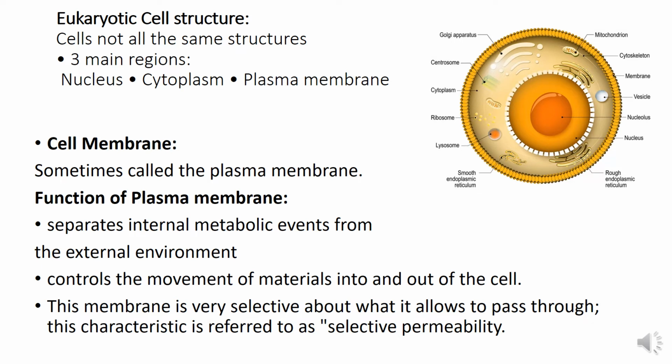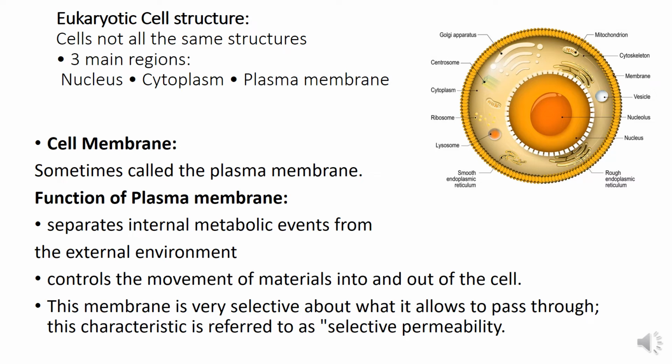The cell membrane, sometimes called the plasma membrane. Function of the plasma membrane: separate internal metabolic events from the external environment, and control the movement of materials into and out of the cell.